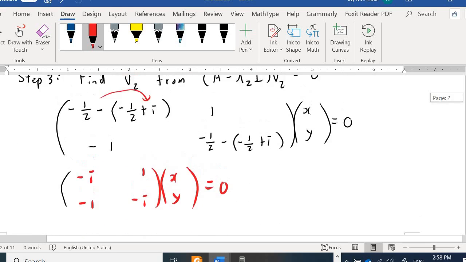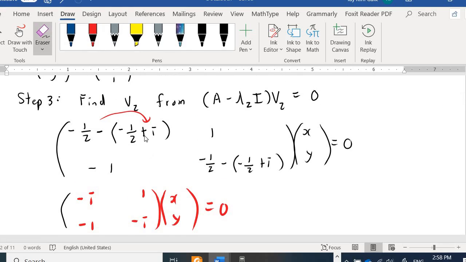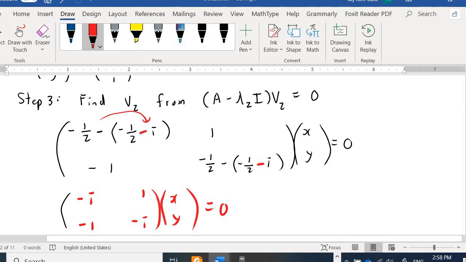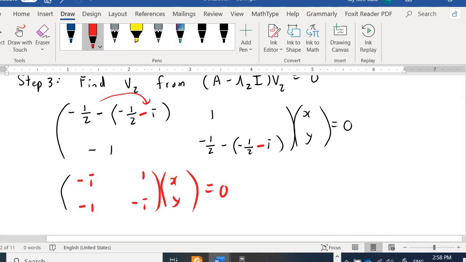So it's the same. We already did the negative 1 plus half, so this one is a minus i. So it cancels. This is minus i, so this is positive i.